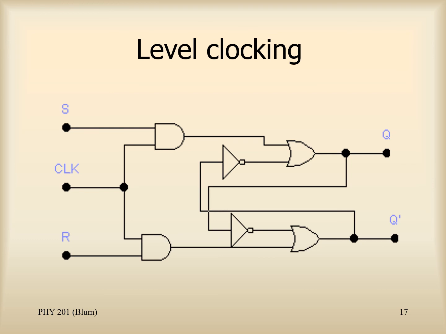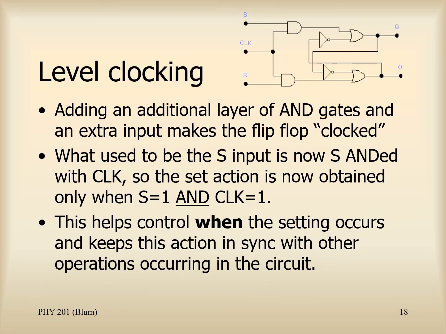And the same thing for R. Before R reaches what we've established as the RS flip-flop going into the OR gate, it must go through the AND gate, and the other input to the AND gate is the clock. So the clock is being fed to both the S and the R inputs through AND gates before it reaches the old RS flip-flop.